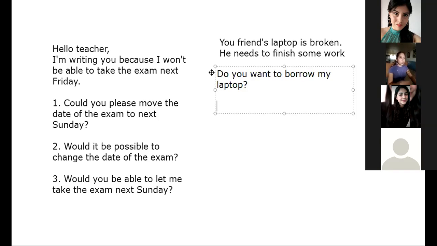A lo mejor ustedes lo pueden ayudar a terminar su trabajo. Entonces, I would like. Es para ofrecer tu ayuda. ¿Cuáles marcamos como offer? Number 3, number 5 and number 7. Entonces ya utilizamos number 5: do you want me? A la otra sería would you. ¿Cuál es la forma?